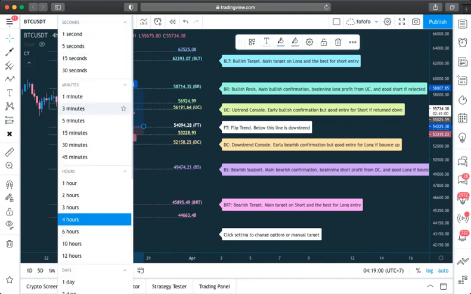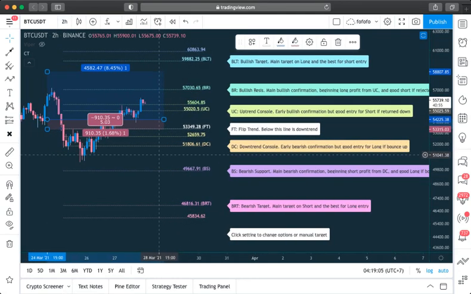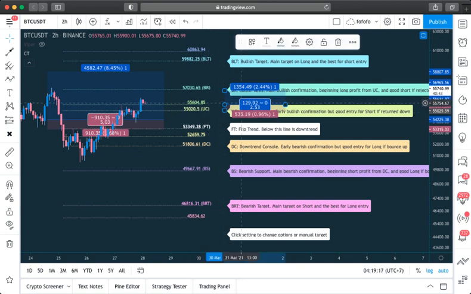So let's check with the lower time frame. The lower time frame in 2 hours is a bit lower than the expectations. So in the lower time frame, the strategy will be like this.